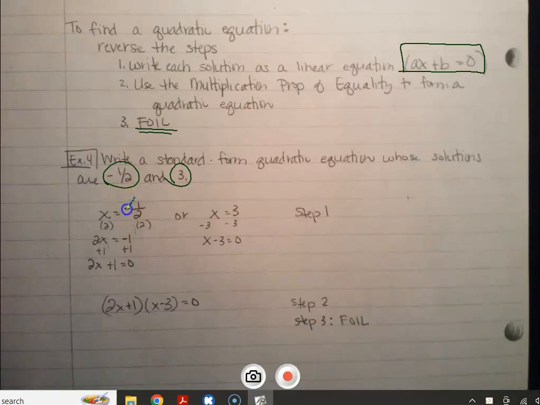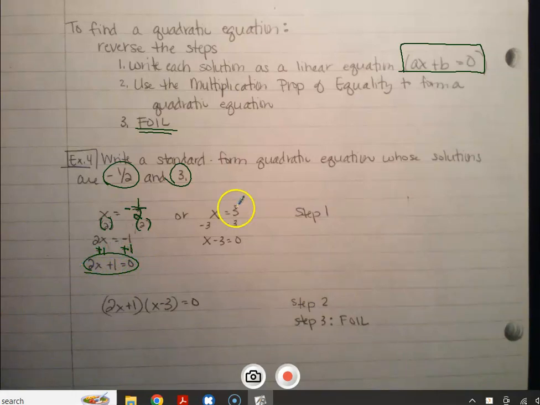In this case, we had -1 divided by 2. So I multiplied by 2 first to get 2x equals -1. And then we added 1 to both sides. So now I have 2x plus 1 equals 0. So this is good stuff right there.